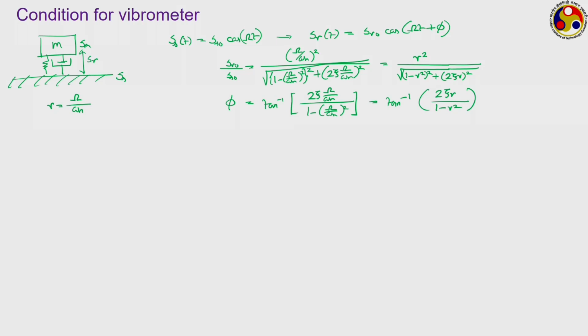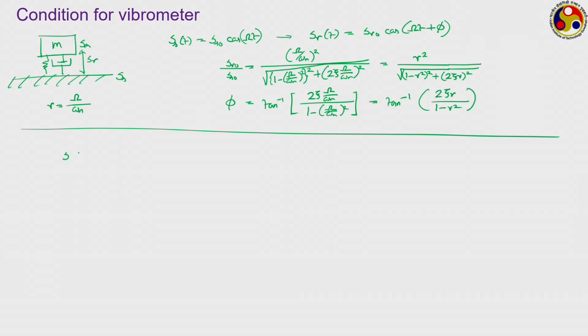Now, if we want to use this for a vibrometer, then the situation is quite simple. Just I write this in terms of their components. And up to this part, this is a repetition of what we have done in the previous class. So, now the imposed signal has a displacement of this much, because S is a direct symbol of displacement.